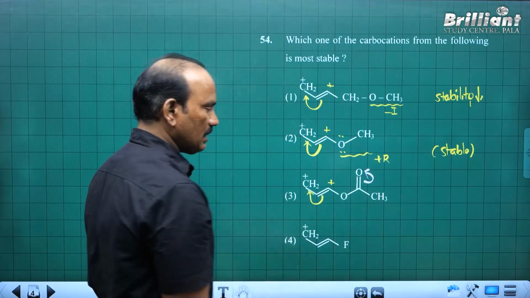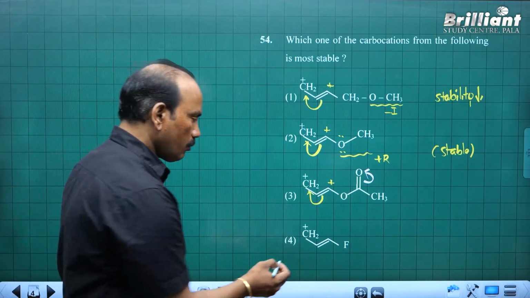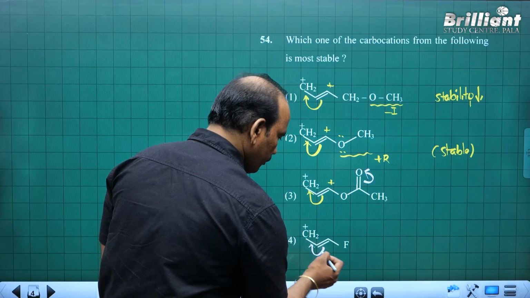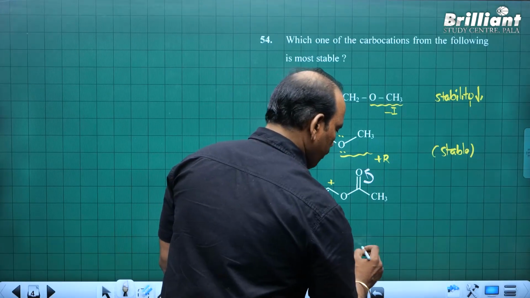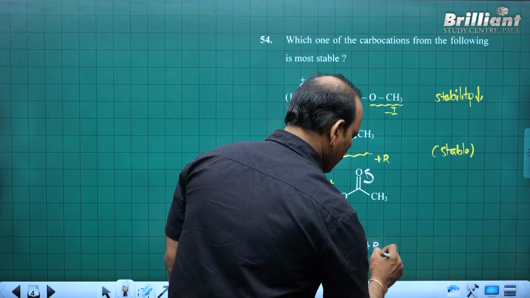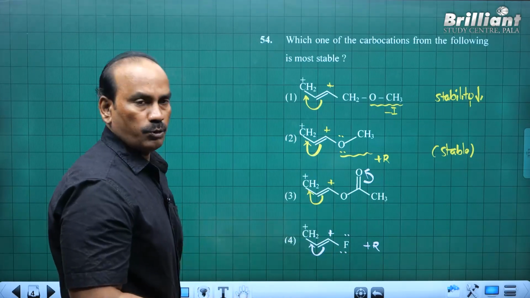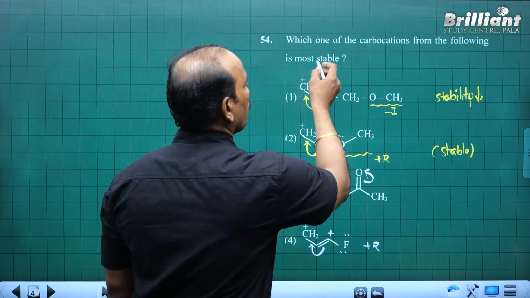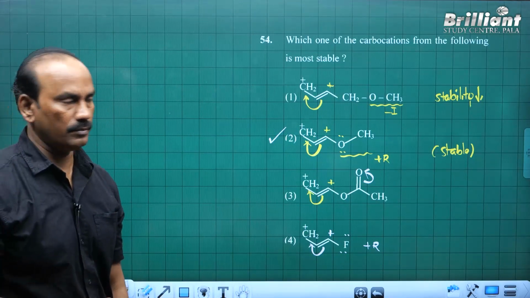Here positive charge is there, so this is also unstable. Now you are going to this one. Here positive charge, then plus R effect is there. Okay? So this is the more stable. So the most stable is this one. Clear? Okay.